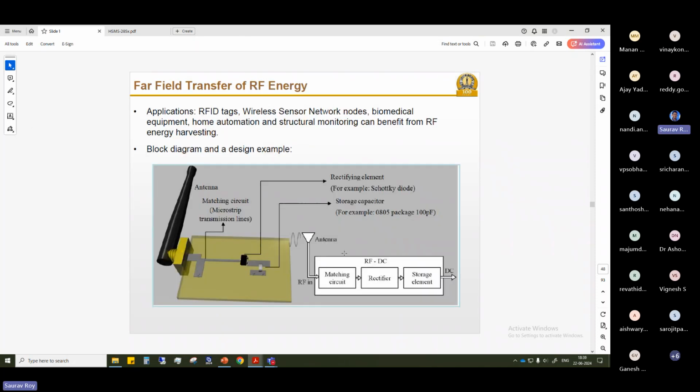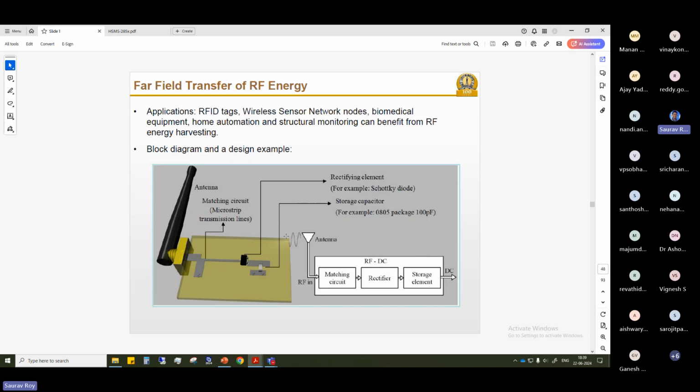A very simple circuit looks like this. Here you have an antenna connected to a transmission line, then it goes through a matching circuit and is connected to a rectifier. Then you have a storage element. Why are these required? Because we need RF to DC conversion. What we want finally is DC, and through the antenna what we are getting is an RF signal.